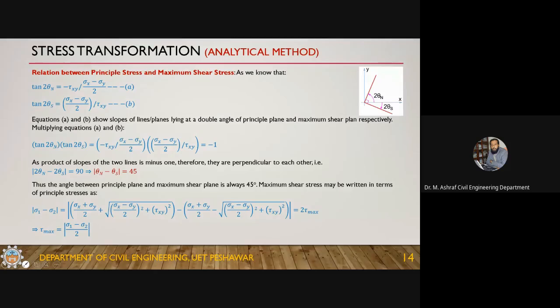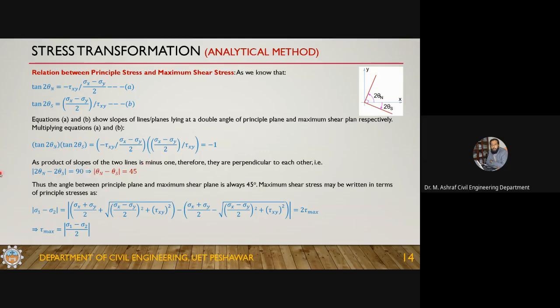ठीक है ना? ये एक दूसरे के perpendicular होंगे. So tangent of 2 theta n multiplied by tangent of 2 theta s is equal to -1. So it means that the angle between 2 theta n and 2 theta s is 90. Like 2 theta n minus 2 theta s, if you take the absolute value, it should be equal to 90. ये मुझे इस equation से मिला.